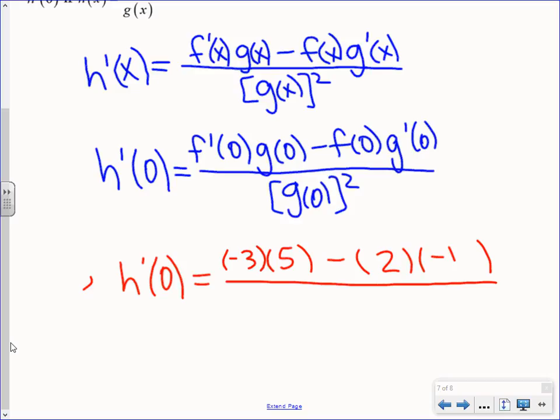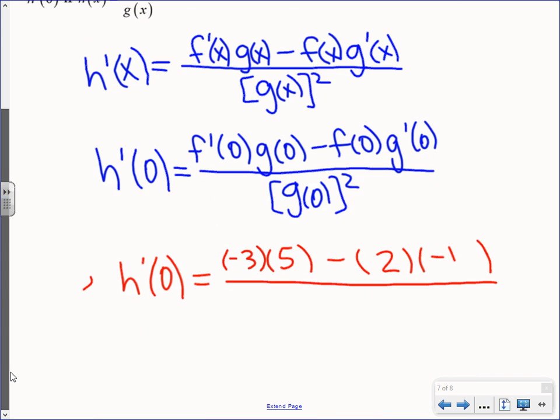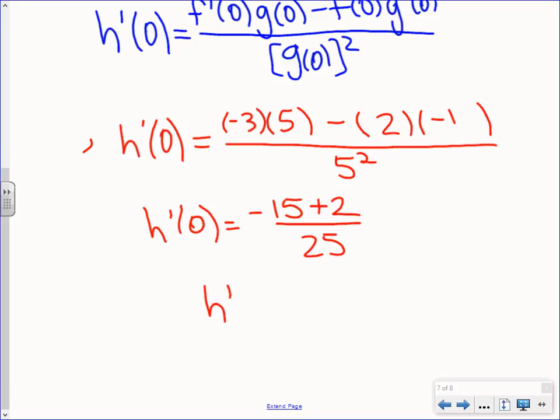All over g of 0 squared. What is g of 0? What is g of 0? 5. Thank you. So we have -15 plus 2 all over 25. H prime of 0 is -13/25.